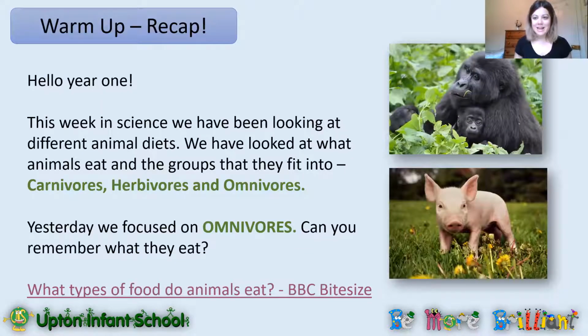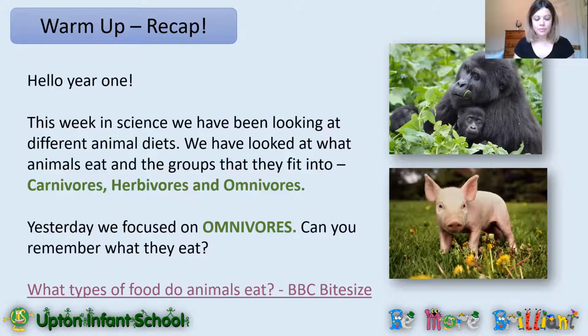So let's have a recap because it's been a really busy week in science. We have been looking at different animal diets. We have looked at what animals eat and the groups they fit into: carnivores, herbivores and omnivores. Yesterday we focused on omnivores. Can you remember what we said omnivores eat?